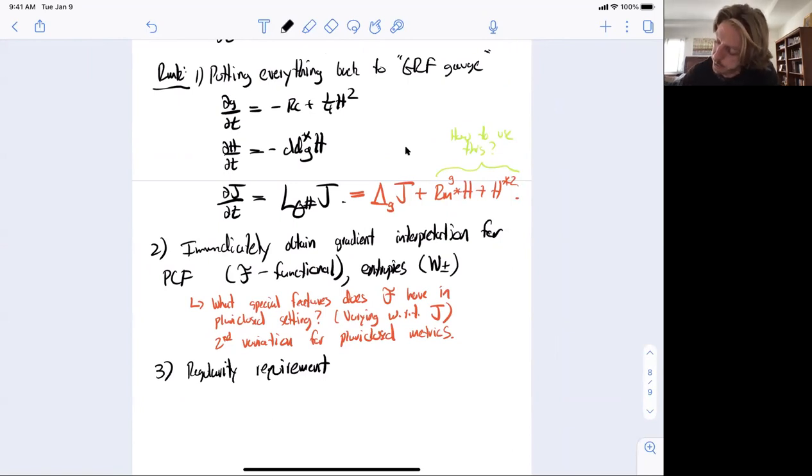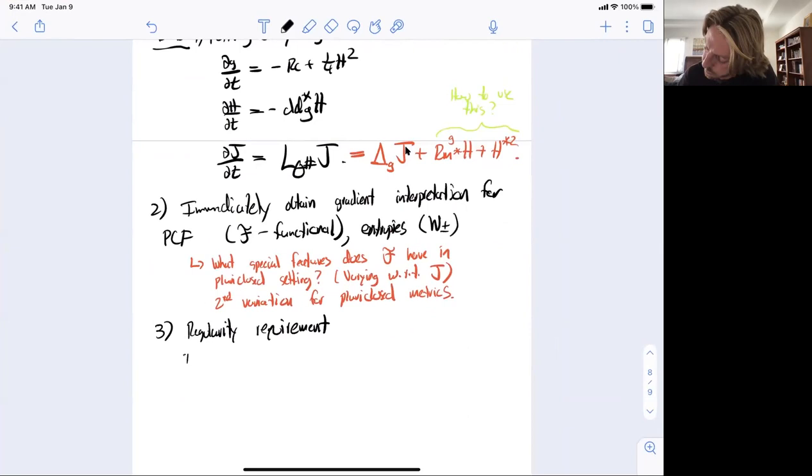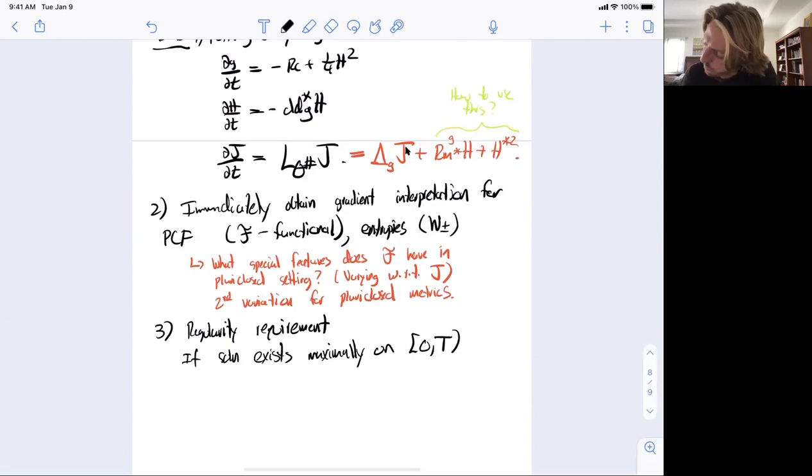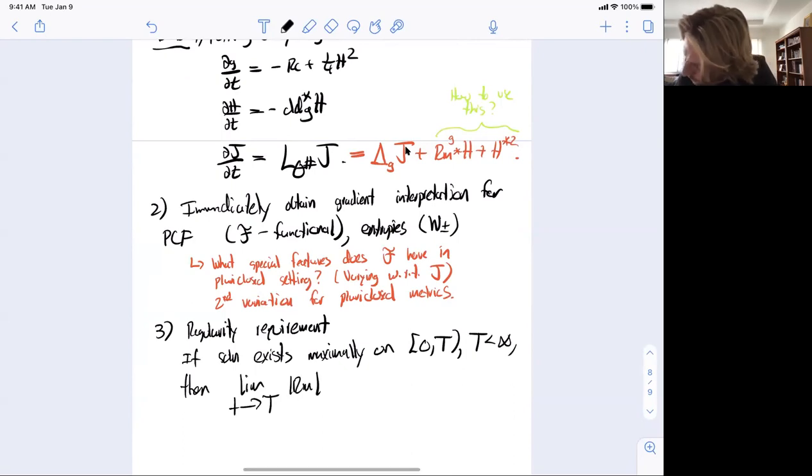We discussed this theorem, but basically it says if the solution exists maximally on some time interval where T is less than infinity, then the lim sup as t goes to capital T of the C0 norm of the curvature is infinite.